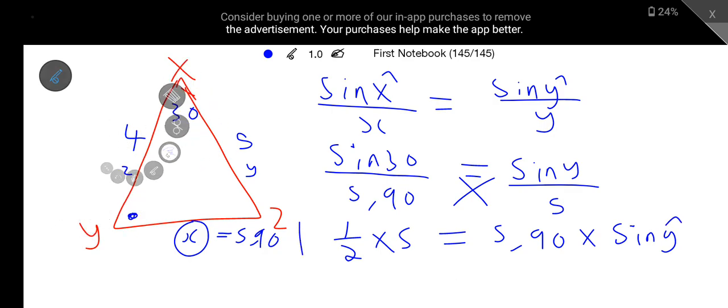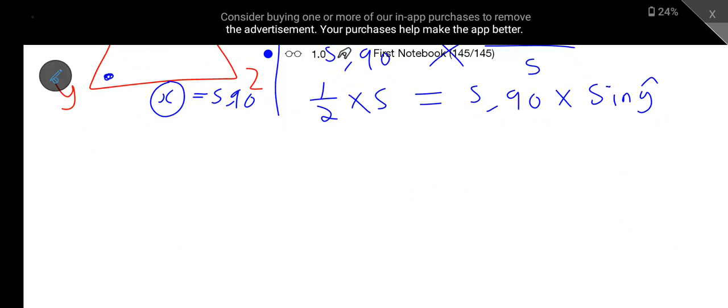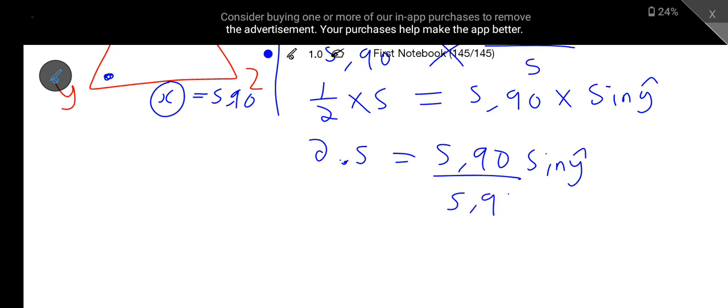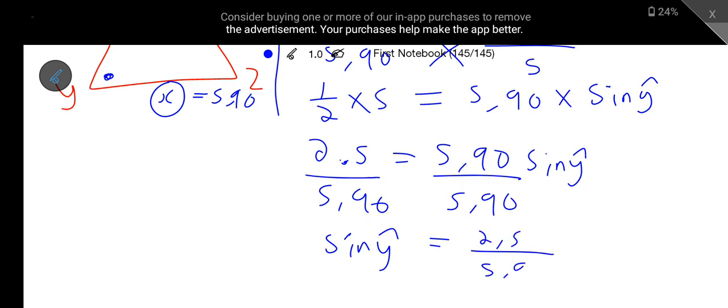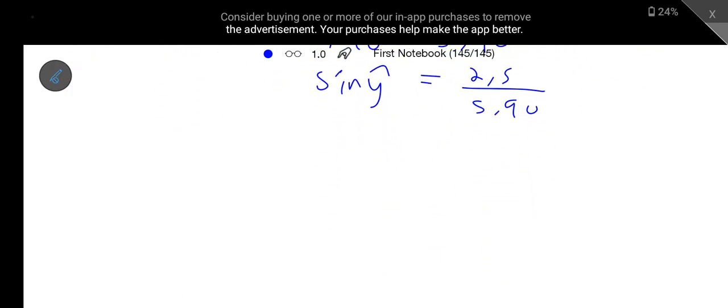Let's see if we can work this out. So what is half of 5? It is 2.5. So 2.5 is equal to 5.90 multiplied by the sine of angle Y, and divide both sides by 5.90, and then sine Y will be equal to 2.5 divided by 5.90. I don't love rounding off before the final answer because it makes your answer a bit inaccurate. So to get Y by itself, you have to take the arcsine.